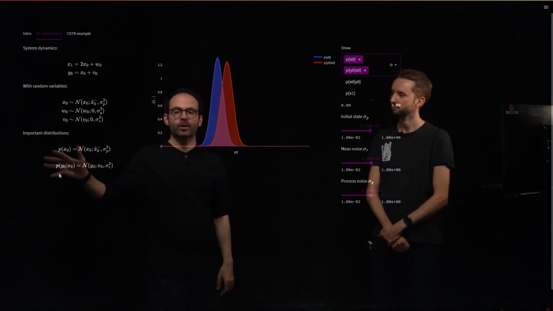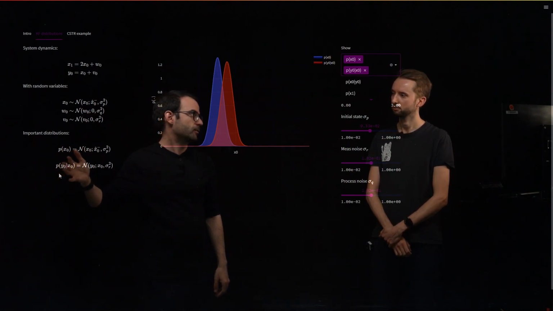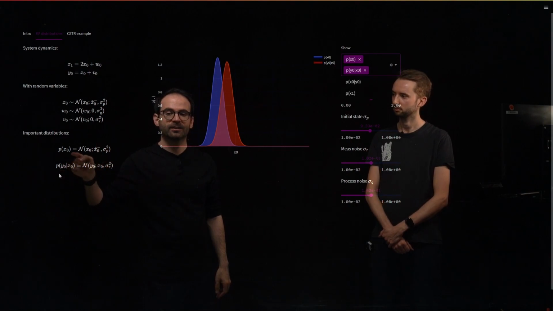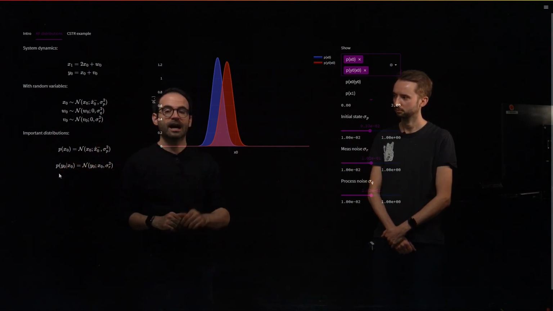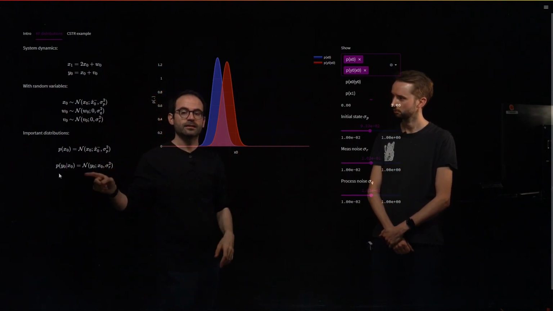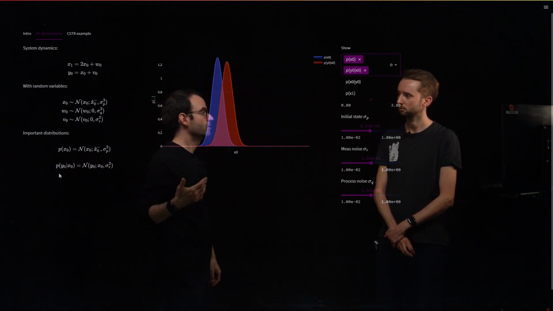That's why we always describe this as the probability of your measurement given that you are at some state x0. And this is the red distribution that you have here. We are assuming that when we measure, this is also normally distributed, and it has a certain variance.